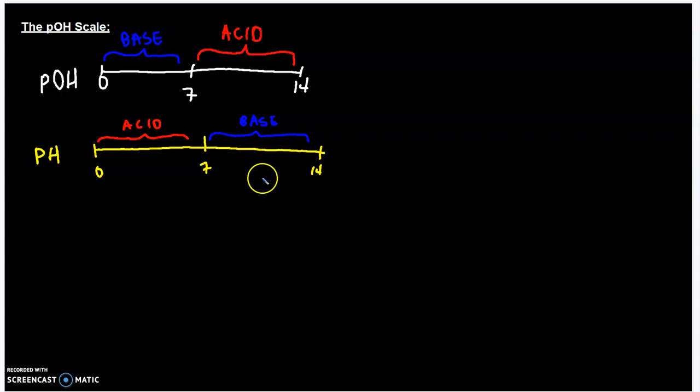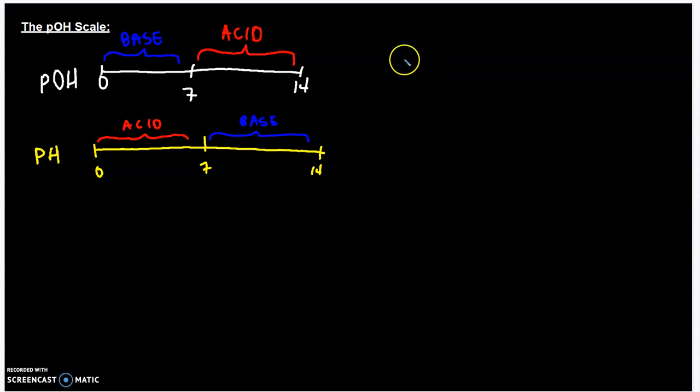So hopefully it's more apparent now that the pOH scale is the exact opposite of pH. That's why I'm doing this one with a black background instead of a white background, because black and white are opposites. So hopefully that helps you remember that they're opposites of one another.